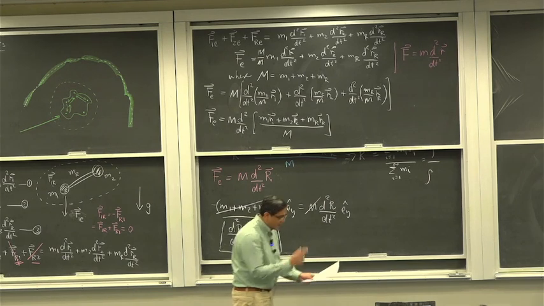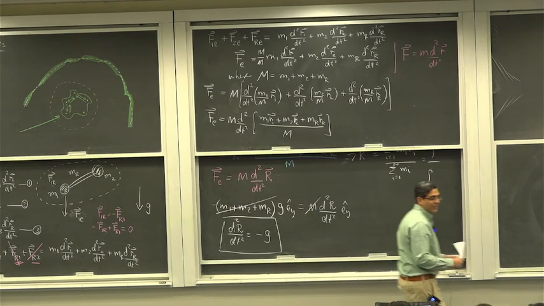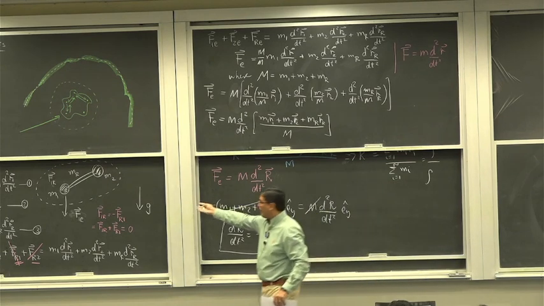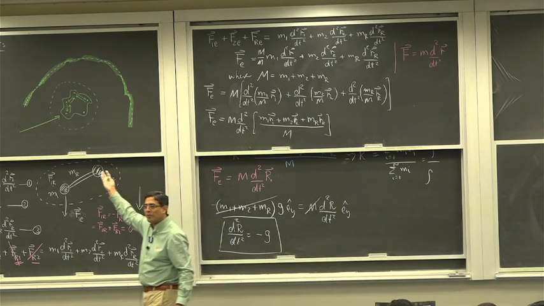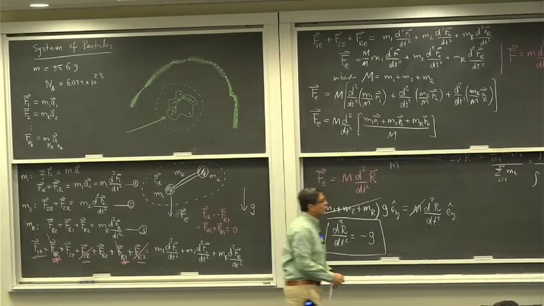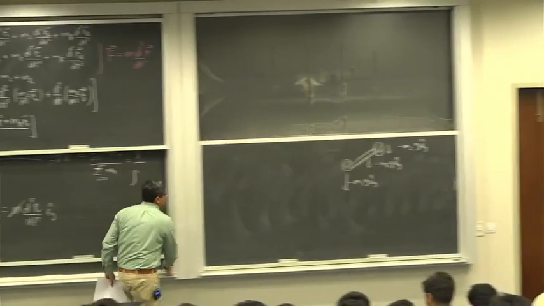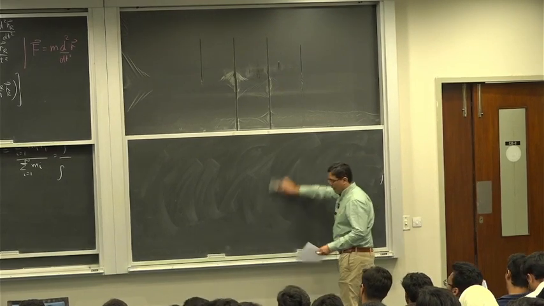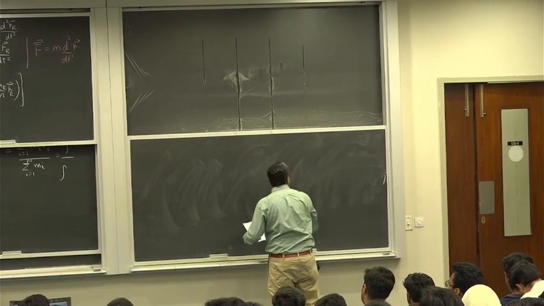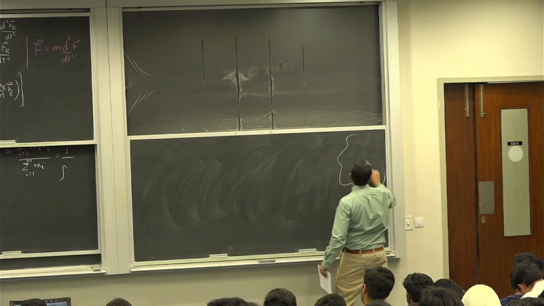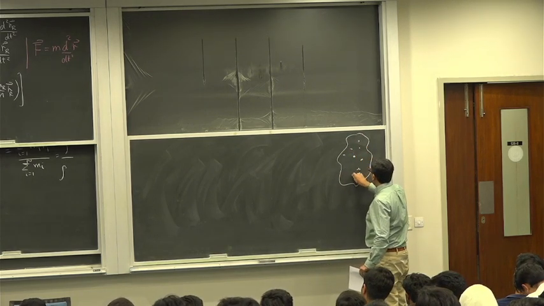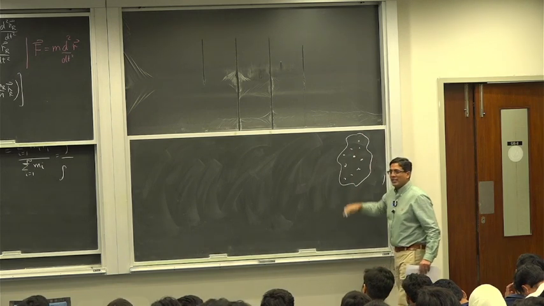Now I want to generalize this in the next 10 minutes, because we had just 3 particles, right? But in reality you can have Avogadro's number of particles or even more. So does this analysis stand if we extend it to a large number of particles? So let's say that you have a system that looks like this, and there are n number of particles in it.